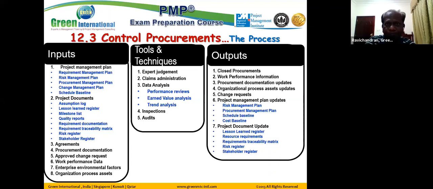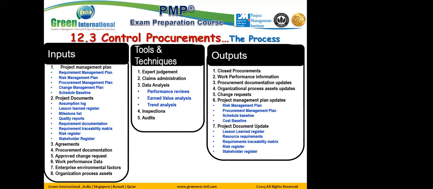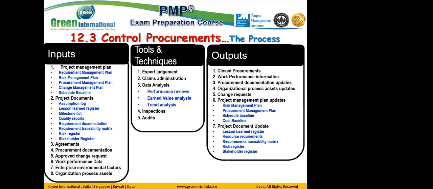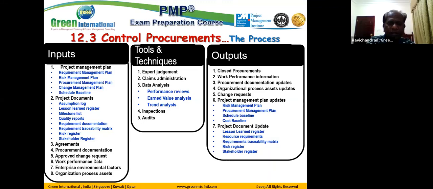What are claims? For example, the buyer has made some changes and we have requested the seller to implement this change. The seller has submitted a response saying that we require 5 million additional cost and, let's say, 1 month additional time.